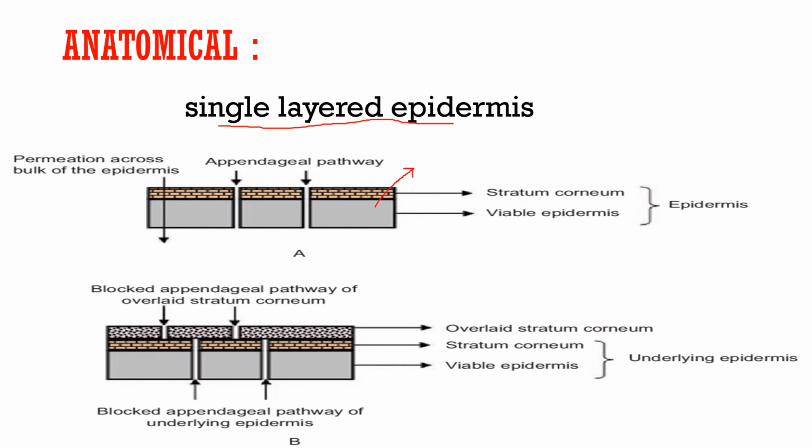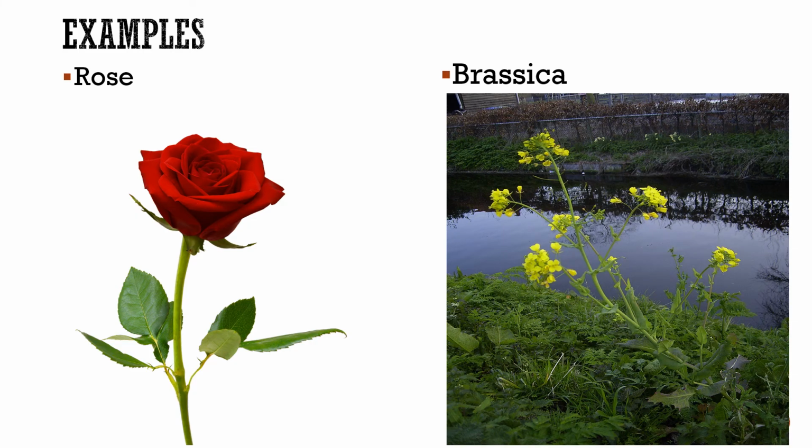Single layer epidermis simply means this epidermis has only one layer. And why is the single layer epidermis required? Because if the epidermis is single layered, then the stomata will be present in it, and stomata will open and close depending upon the availability of water, as we have discussed previously. So these were the main adaptations of the mesophyte plants.